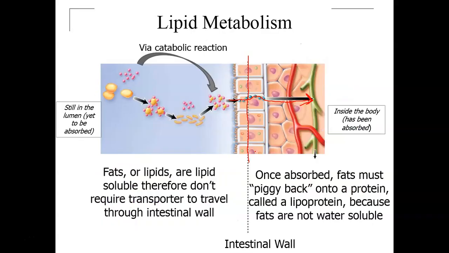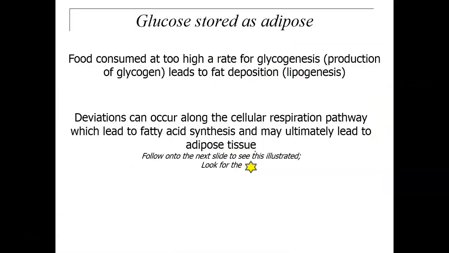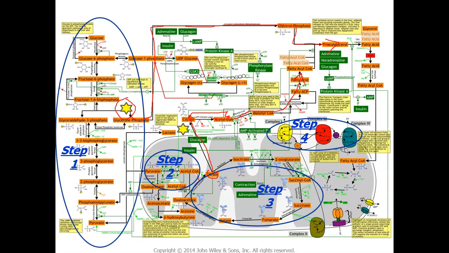with the fact, remember, where is this slide? Food consumed at too high of a caloric rate for glycogenesis leads to fat deposition. In conjunction with that, the other part of it is that if you're eating a bowl of pasta with sauce and a loaf of bread, that's 95% carbohydrate.